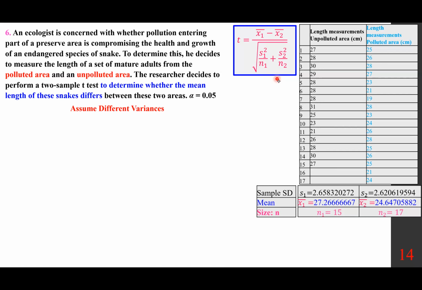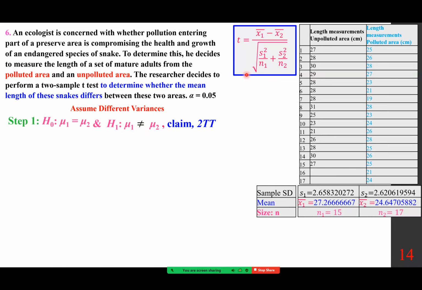So first, H0: mu1 is equal to mu2. H1: mu1 is not equal to mu2, which makes it a two-tailed test, and that's the claim.